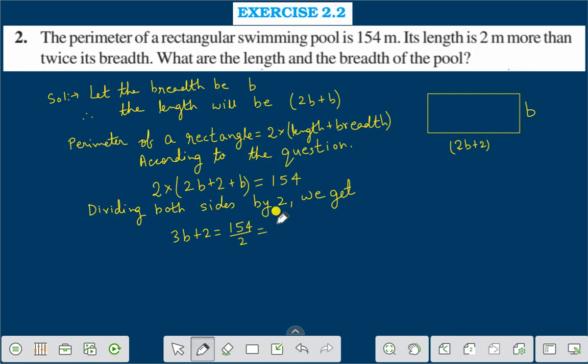If we divide this one, 2 7 is 14, again 2 7 is 14, that is we are getting 77.